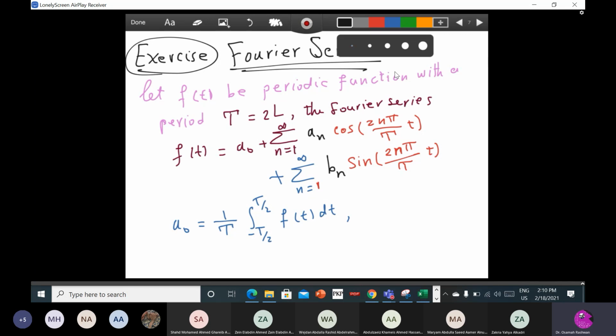But a n is 2 over T integral from minus T over 2 to T over 2 of my function multiplied by cosine 2n pi t over T, and you integrate with respect to t, of course.